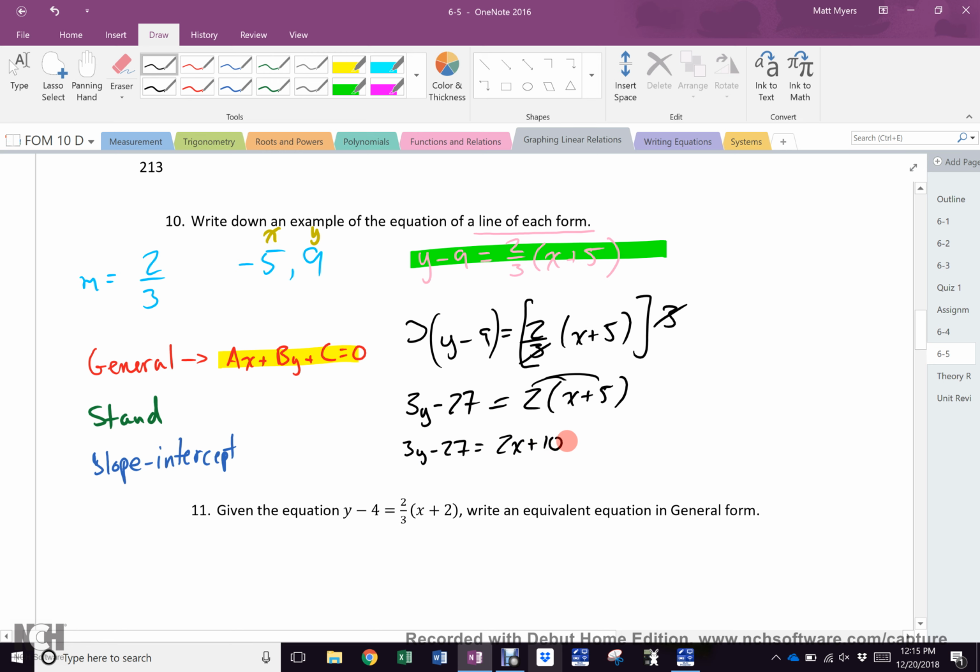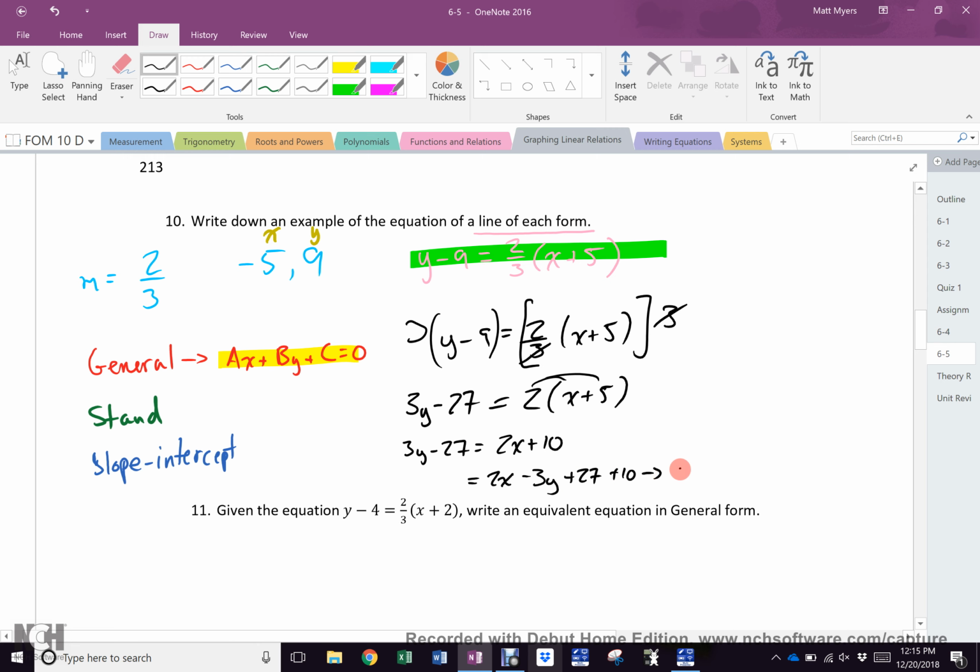Just switch it around. What has to be positive? The 2x. So is that 2 going to move? No. What else moves? The 10. Everything else. 2x. What's going to happen to that 3y? Negative 3y. What's going to happen to that negative 27? Positive 27. And there was already a plus 10 here. So how do I fix that up? You just move it.